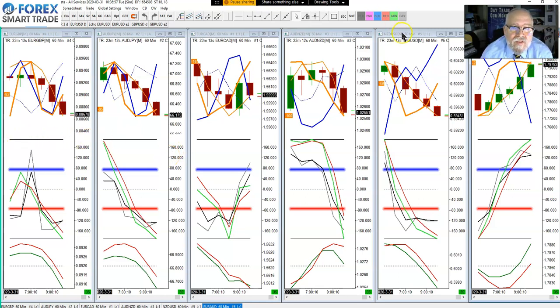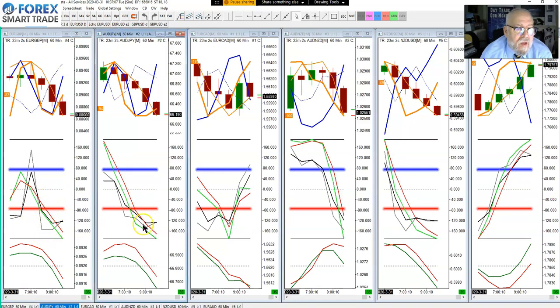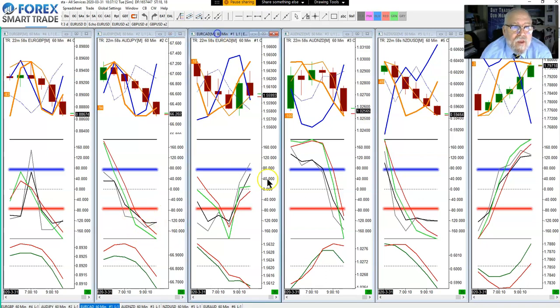The only one that has the dollar here is the New Zealand dollar. But let's go down the list. Euro pound, oversold, pointing down. Euro Canadian, I'm in the middle of the channel and just a little more than halfway. If it was under halfway, we'd think about it.